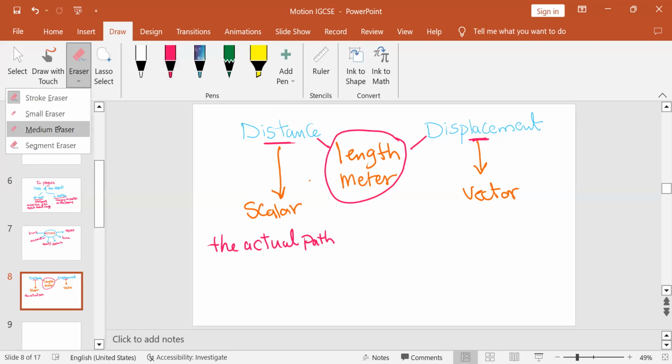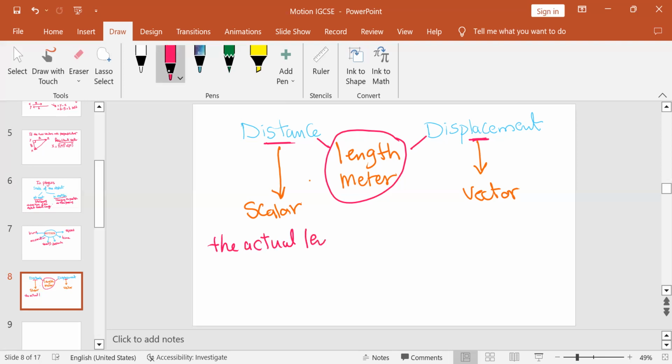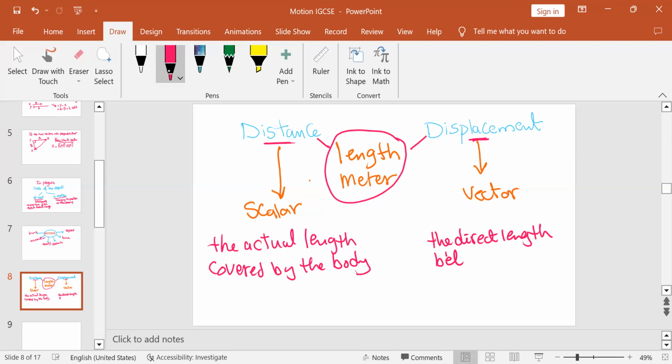Let's write the actual length covered by the body. But displacement is the direct length between the starting point and ending point.